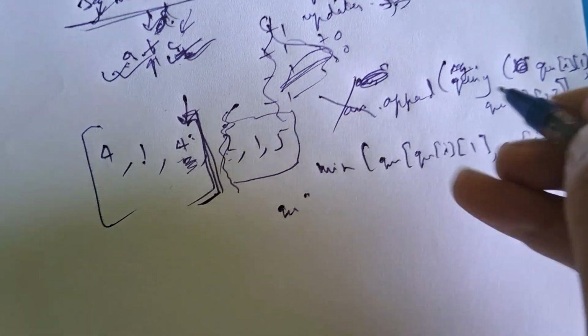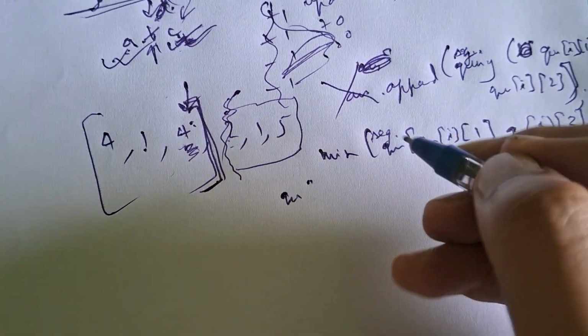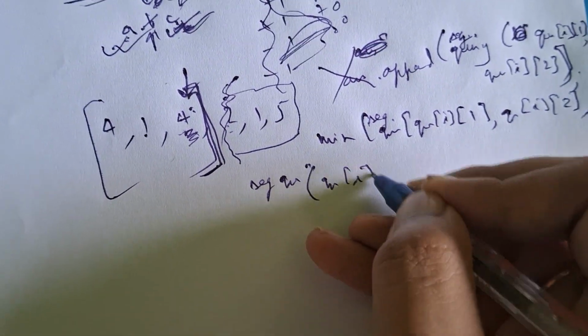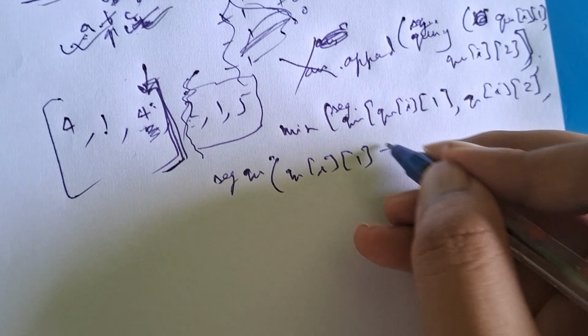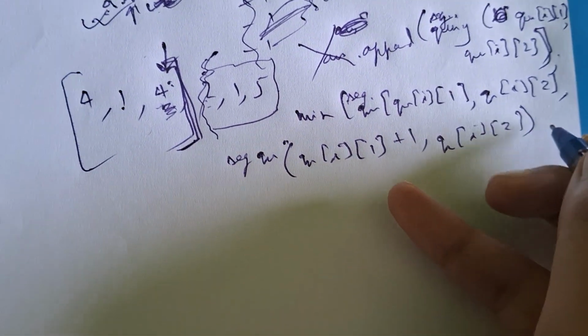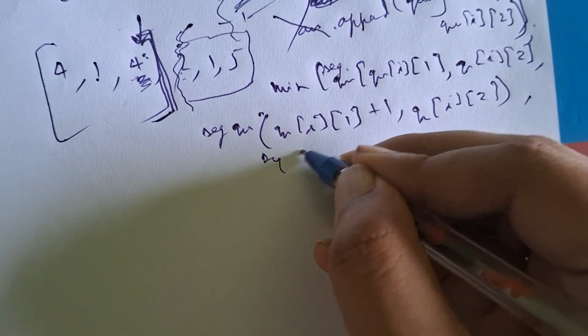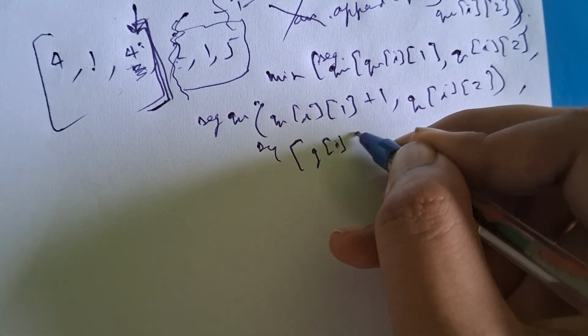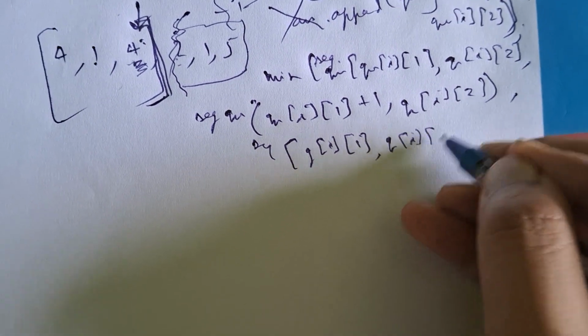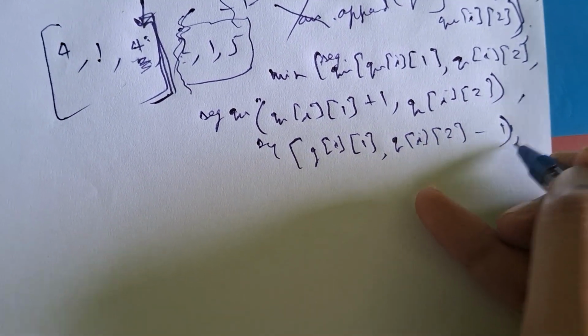Just to make it more clear, segment query of queries I1 plus 1 comma query I2, and then segment query of query I1 and query I2 minus 1. I'll let you know why we are going to do this.